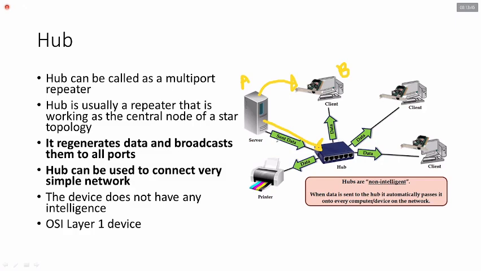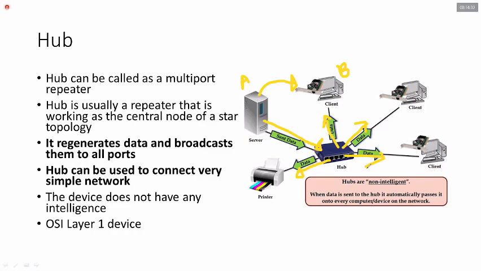But what will happen is this data sent by A will go to all the ports that are connected to the hub. What the hub does basically is, if somebody sends a message, it sends a copy of that message to all other devices connected to the hub.